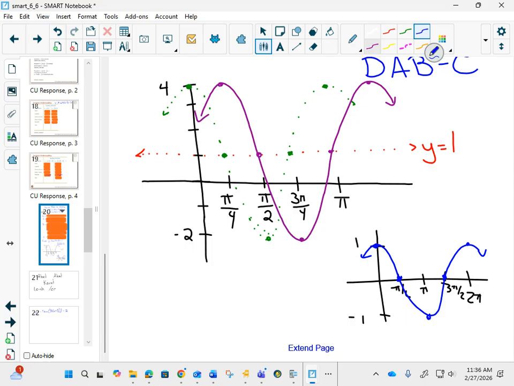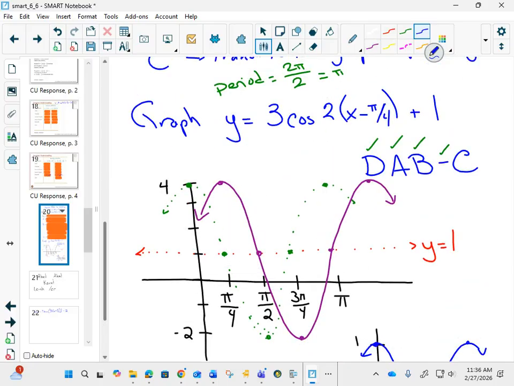And you would have to take all 5 of these points: 0, 1; pi over 2, 0; pi, negative 1; 3 pi over 2, 0; and 2 pi, 1. And do all the mental math with pi's and multiplying and subtracting and all of that to get the answer.